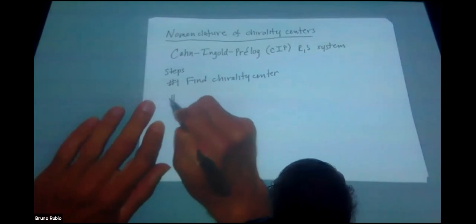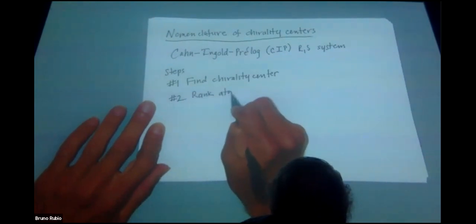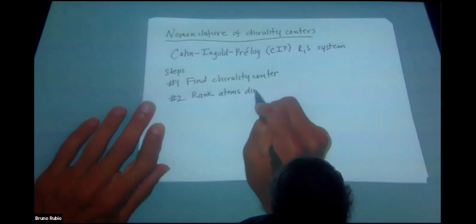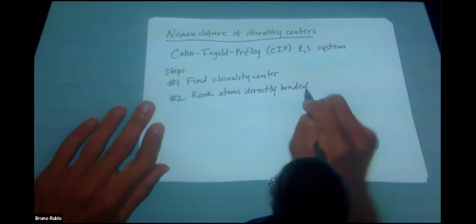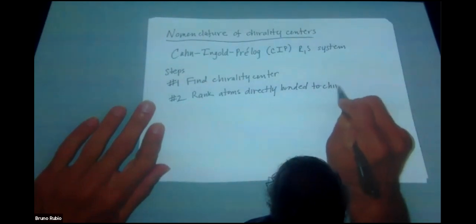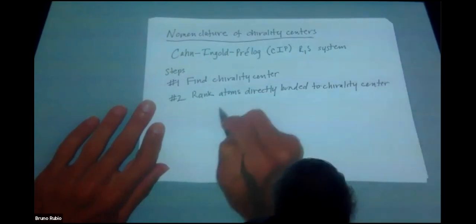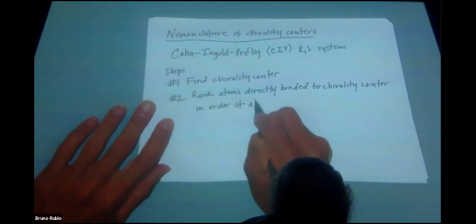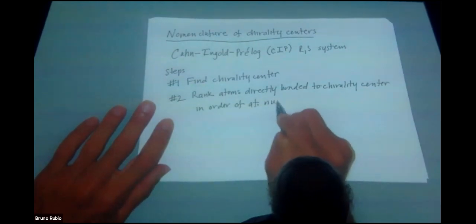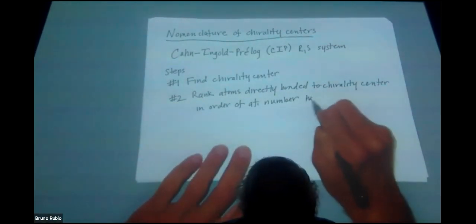Okay, step number 2 is now you rank the atoms directly bonded to the chirality center in order of atomic number, high to low.